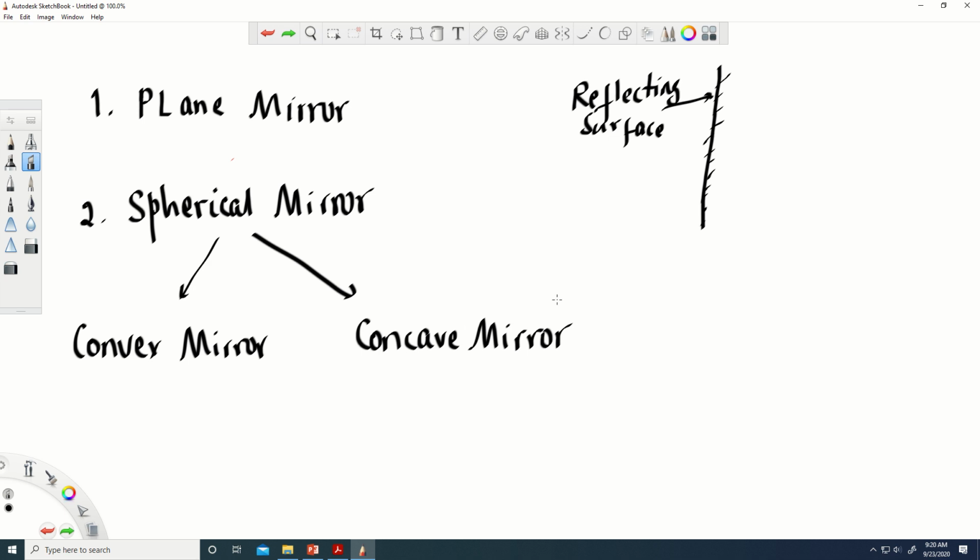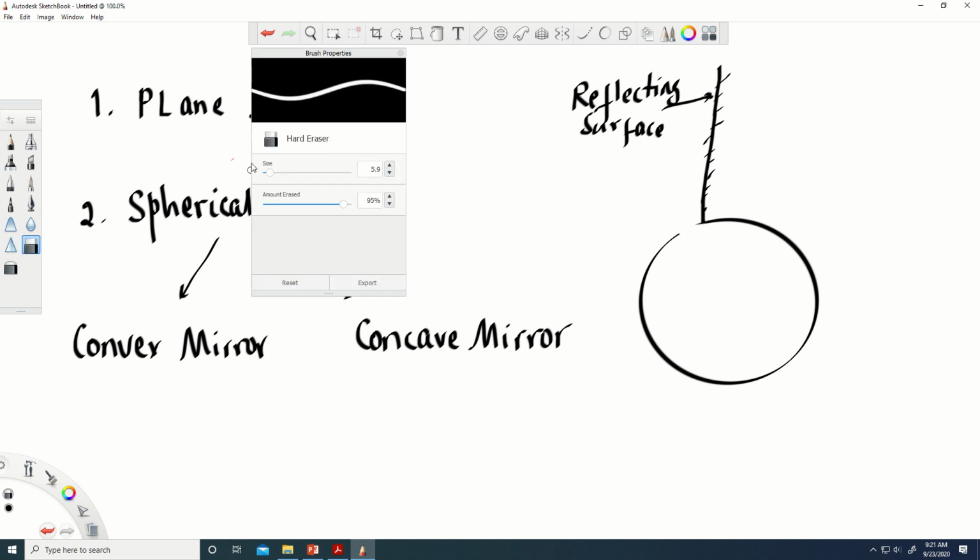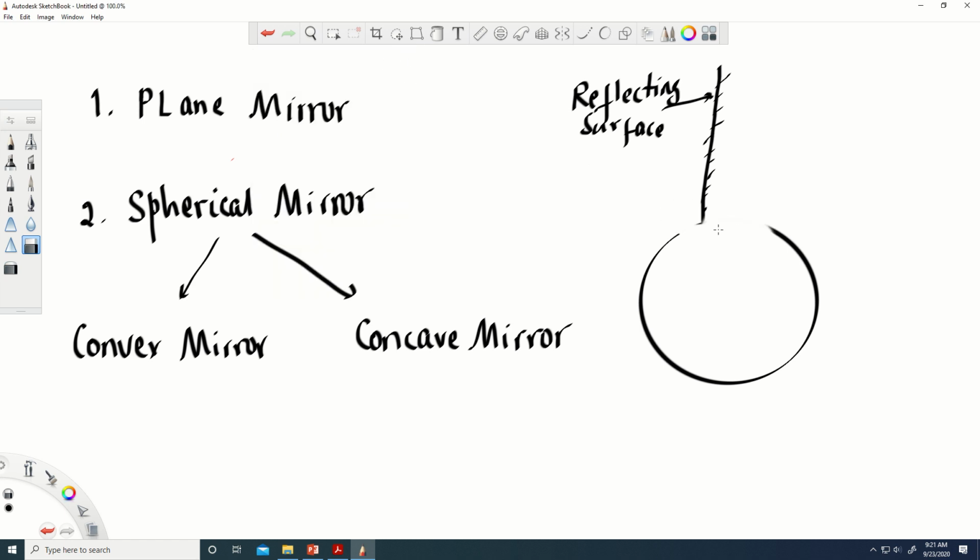Okay, so imagine that you have a sphere, and you take a part of that sphere. Now it would be a spherical mirror.